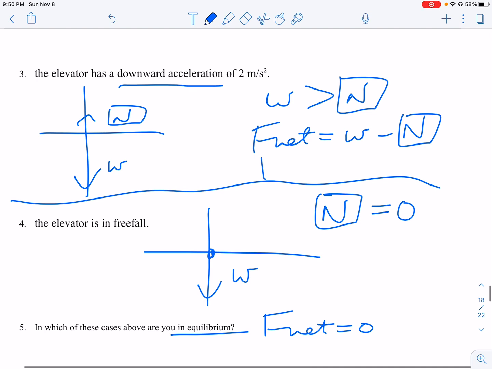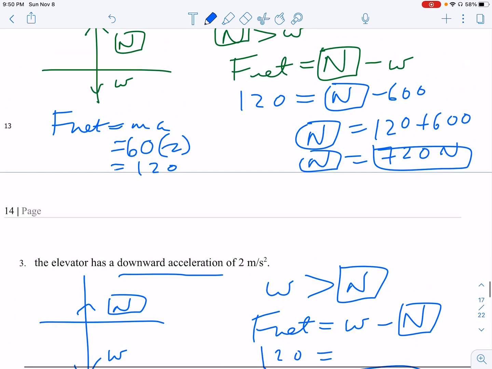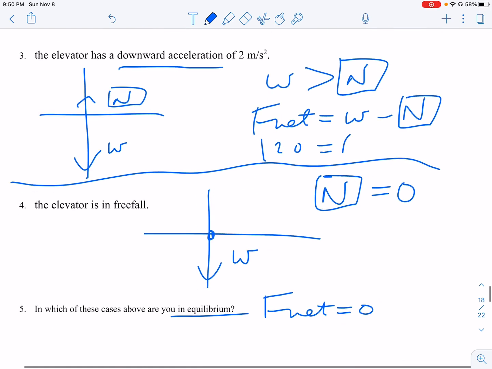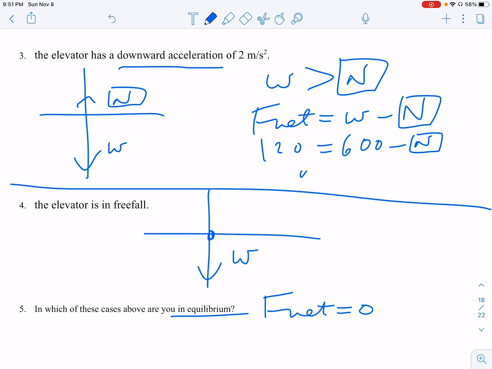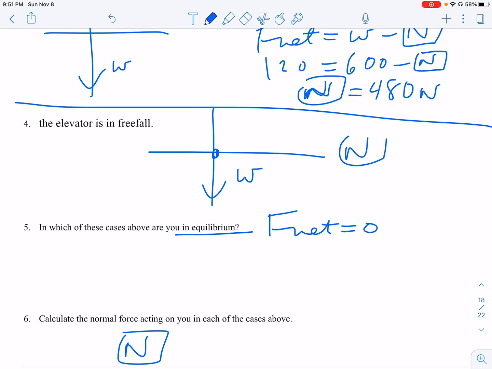I got 120 like before, equals, what was it? 600 minus N. And the normal force is going to equal 600 minus 120, which would be 480. Okay, which is less than your weight. In this case, N is equal to 0 because you're in free fall. The only force acting on you is your weight.